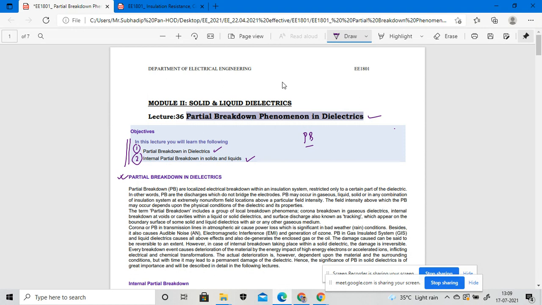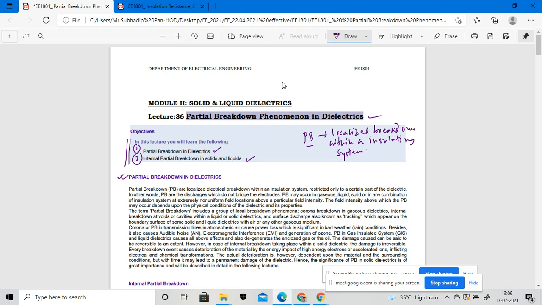The partial breakdown is actually a localized breakdown within an insulating system, right?